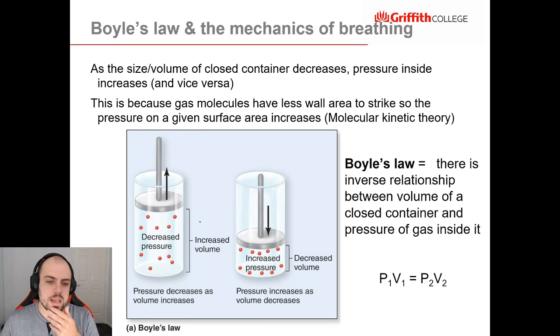Now, this is just another really good schematic of Boyle's law, and how this is being represented is sort of like a piston, like you would see in your car. Now, how I want you to picture this is, imagine this container here is your lungs, and this big plunger is essentially your diaphragm.